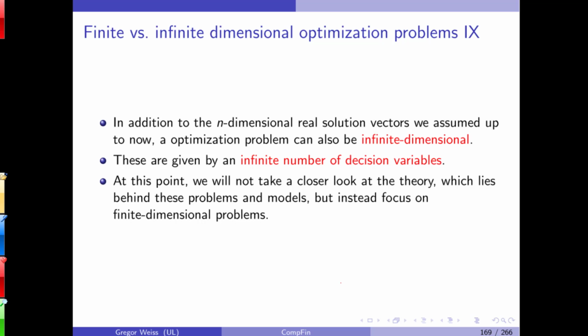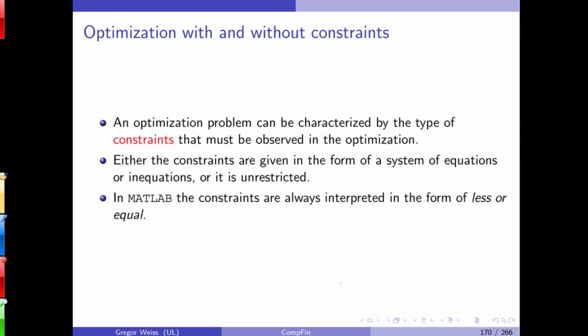But in mathematics, you will also sometimes have infinite dimensional problems. So you have an infinite number of decision variables. We will not deal with these here. But if you are wondering what mathematicians are nowadays researching, a couple of houses next to our building, then infinite dimensional optimization is one area of research. And you might encounter this in physics and mathematical physics sometimes.